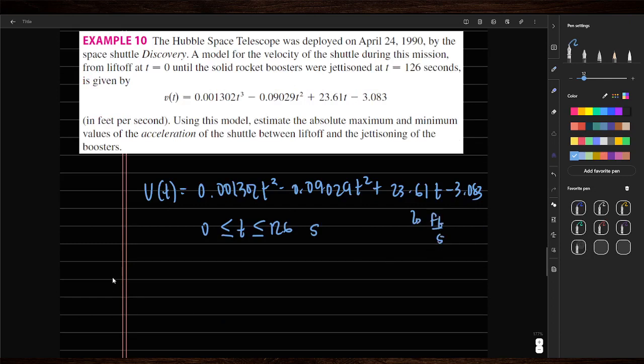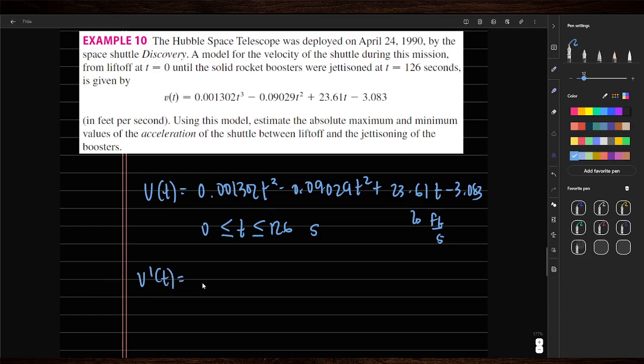Again, as we learned, we find the critical numbers first and plug in those values. And since we have an interval, we still need to plug the endpoints of the interval into the function and compare them to get the absolute maximum and minimum. So derive the equation first.